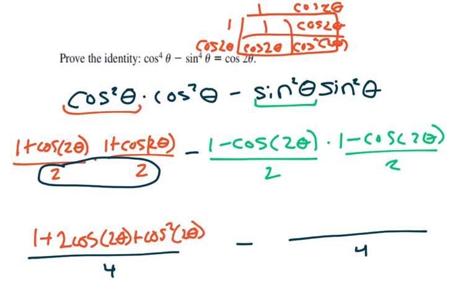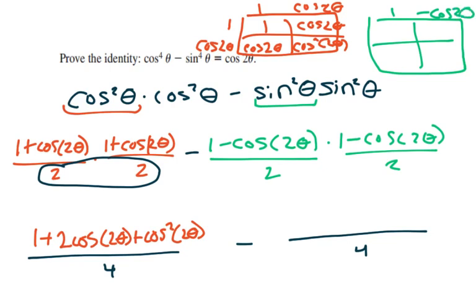And then our next one is kind of the same, only now it's 1 minus cosine of 2 theta. And so we'll have a 1, a negative cosine 2 theta, another negative cosine 2 theta, and then a positive cosine squared 2 theta.